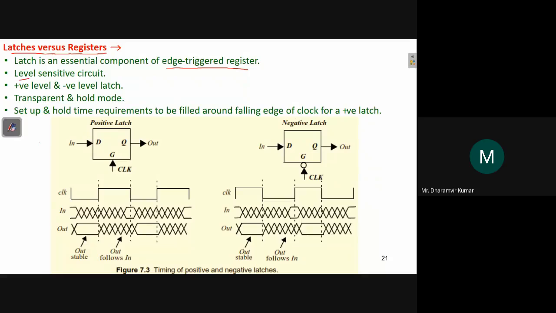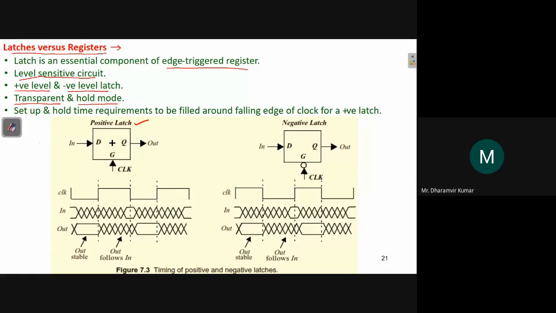Basically, latch is a level sensitive circuit, and we can have a positive level and negative level latch, just like we have positive and negative edge triggered flip flops, and it operates in two modes. One is transparent mode, and the other one is hold mode. So suppose this is a positive latch. This is the input, this is output, this is clock.